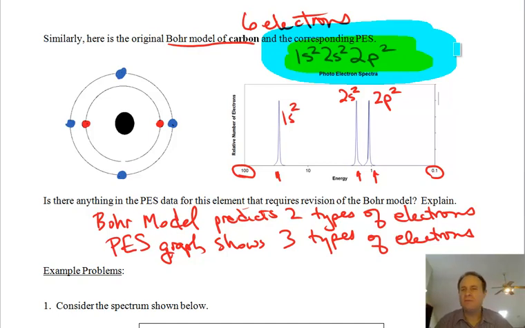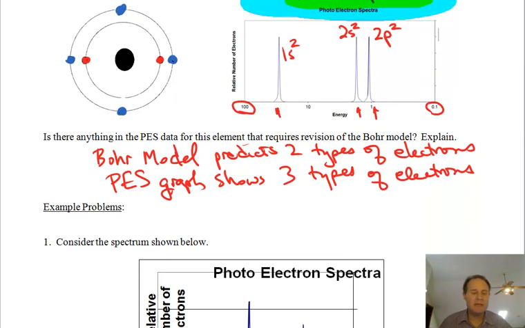So if you're like me, you might be saying, okay, but I already knew about this. Well, pretty much you accepted it at face value because we told you that's what it was. So what we now know is the Bohr model falls short of reality.